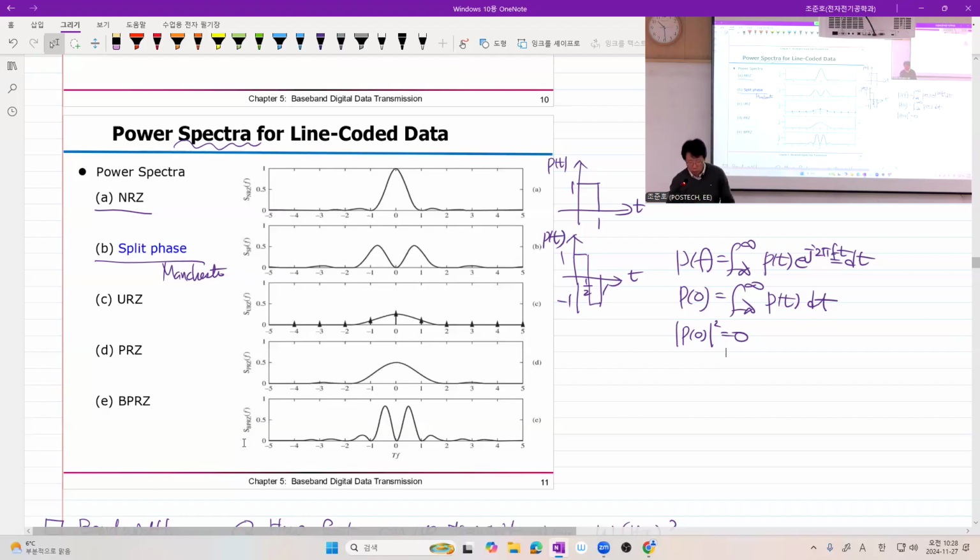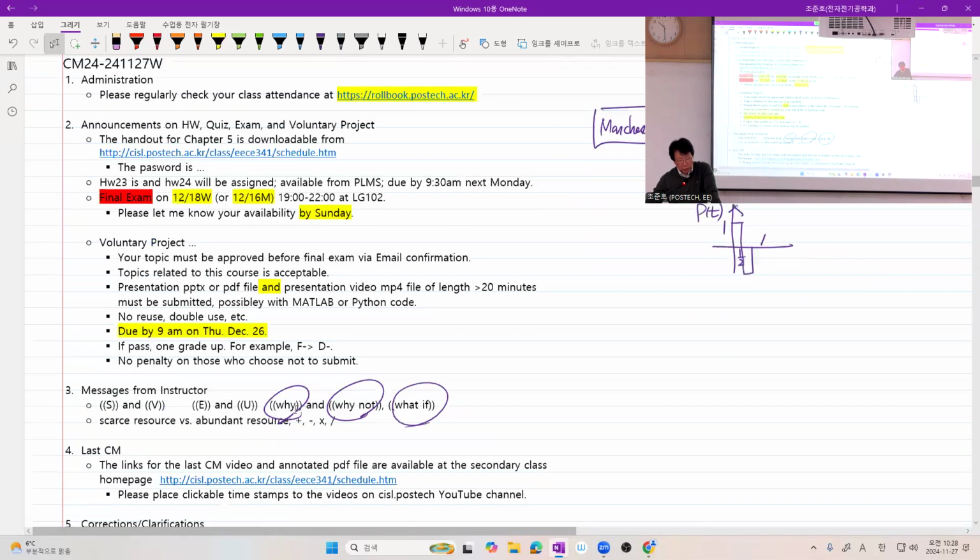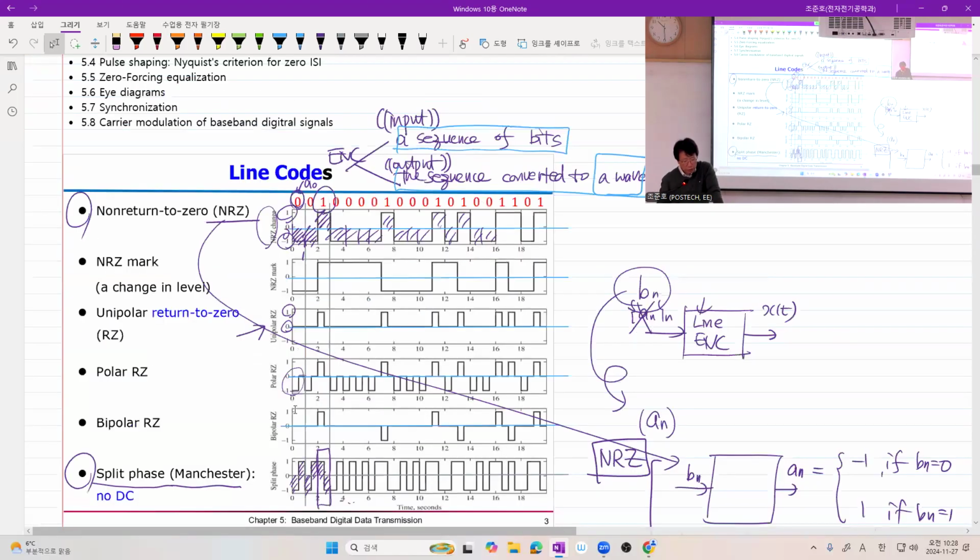So why do we have delta functions? Let's take a look at the time domain figure of our output. So here, this is our unipolar return to zero. Now, do you get why we have delta functions?